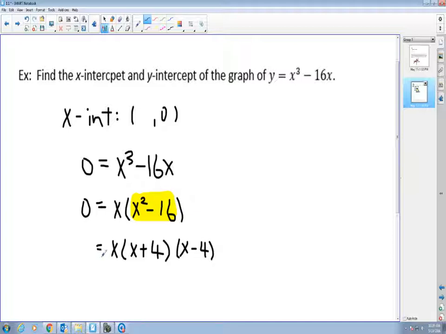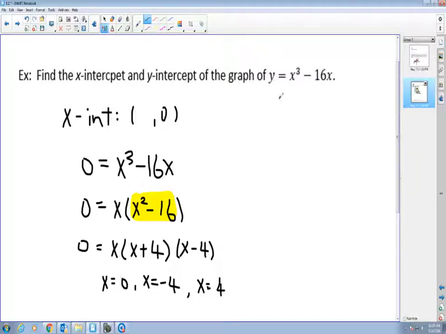All right, let's solve for x by setting each factor equal to 0. So x equal to 0. If I set x plus 4 equal to 0 and solve for x, that will give me negative 4. Setting x minus 4 equal to 0, x will equal 4. So for this cubic function, I actually have 3 x-intercepts.